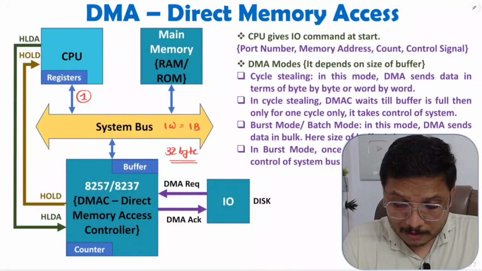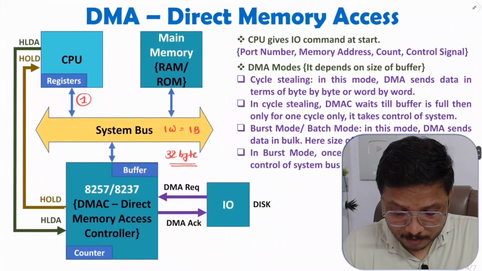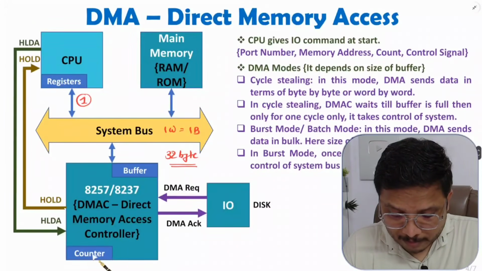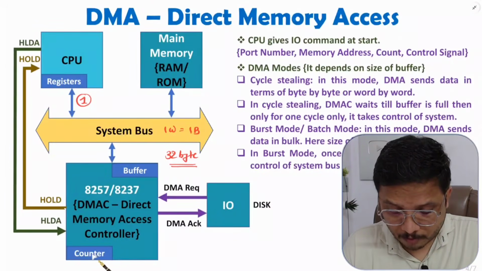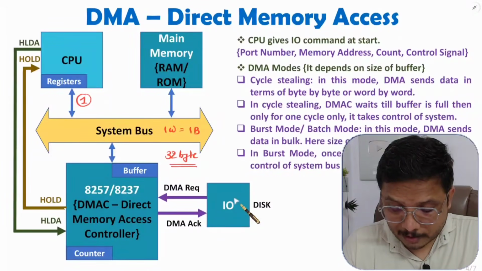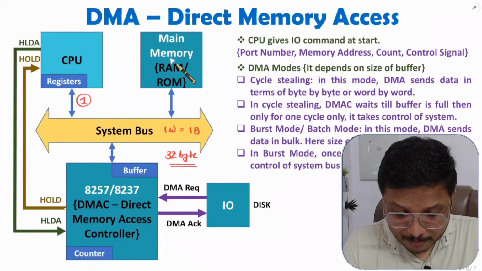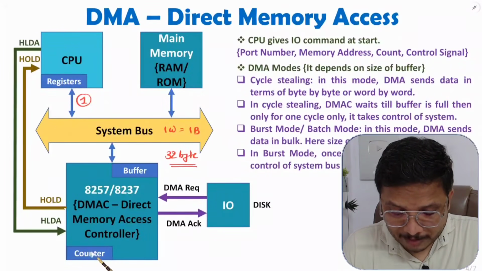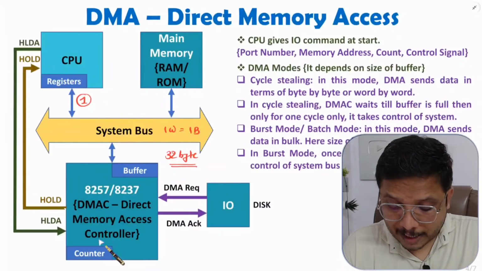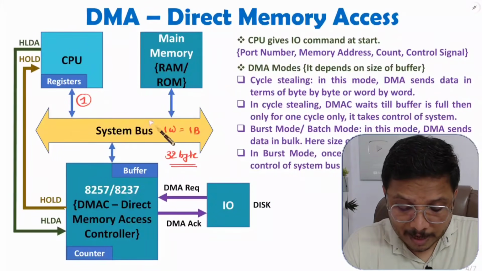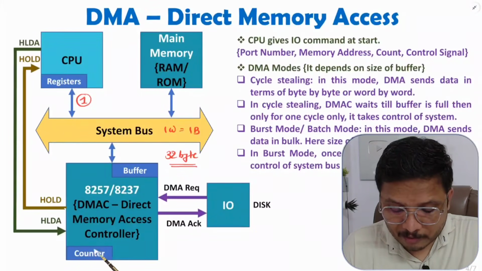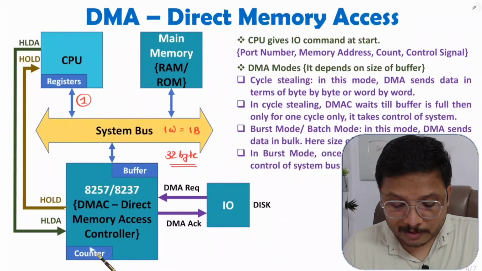Once this count is given, it will be loaded inside a counter. Once the disk transfers 1 byte to main memory, the counter value will decrement by 1. Again, when the disk transfers the second byte, the counter value will decrement by 1, and it will decrement till its value reaches 0.